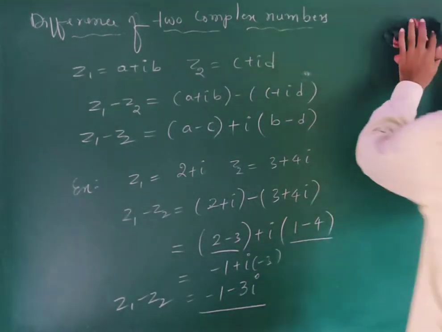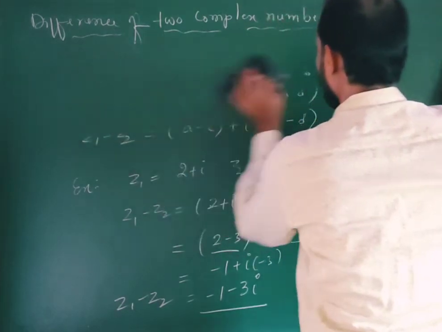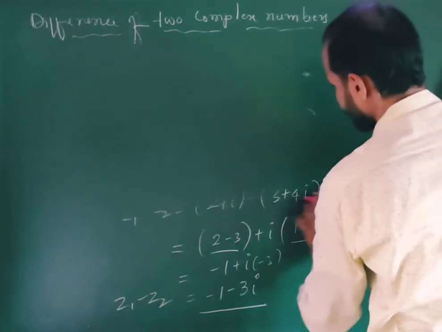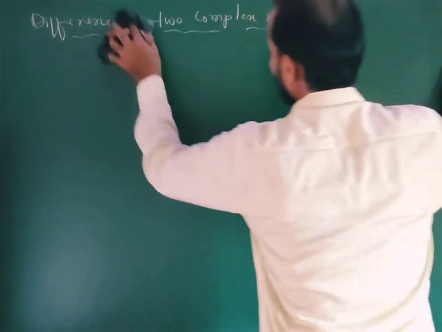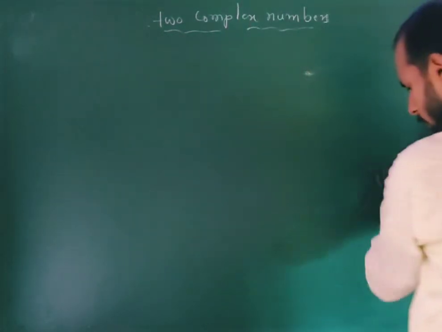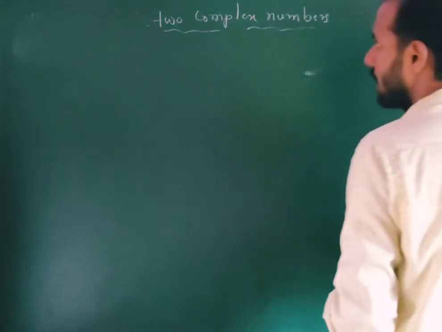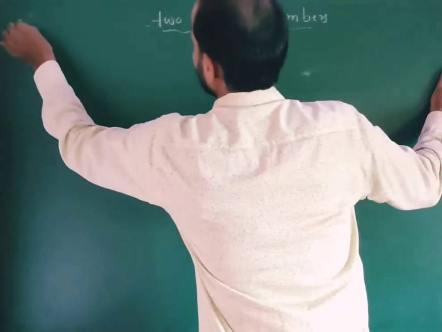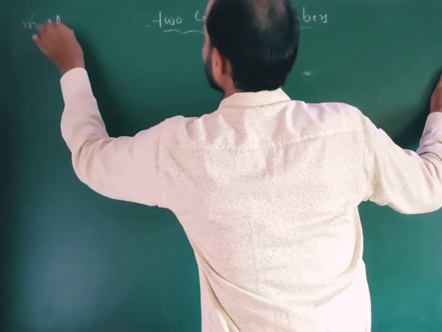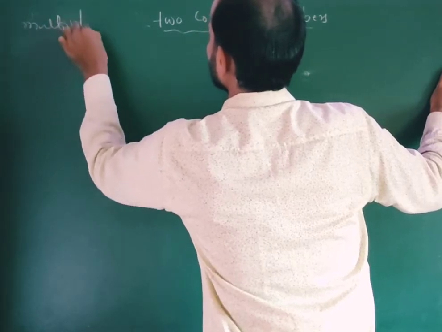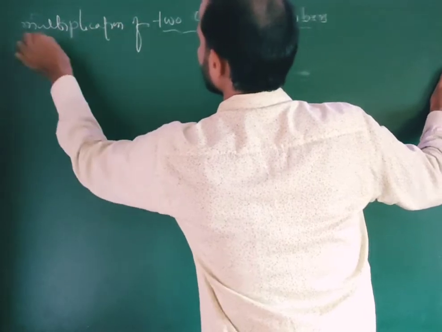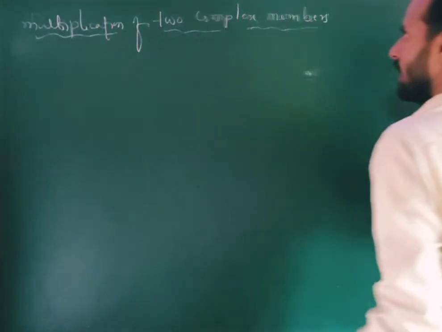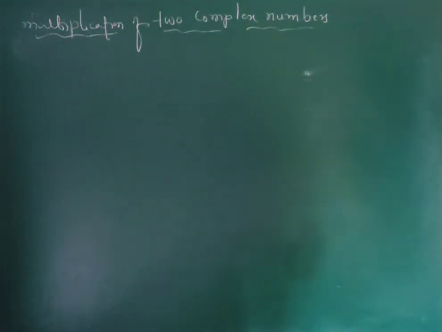Next we will move to the next, that is product of two complex numbers, or you can say multiplication of two complex numbers.